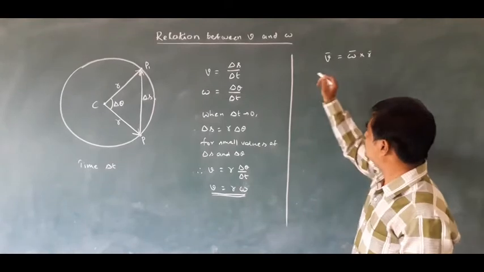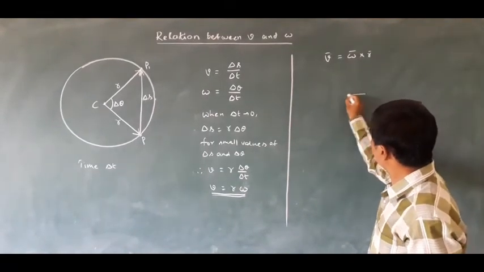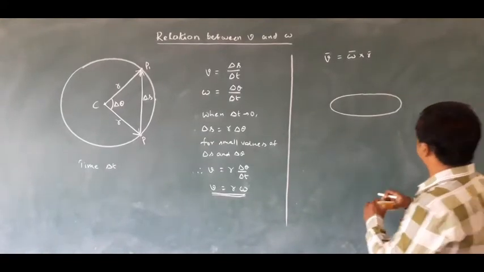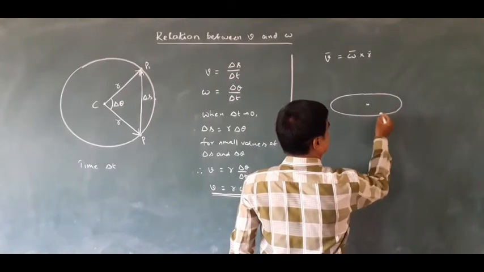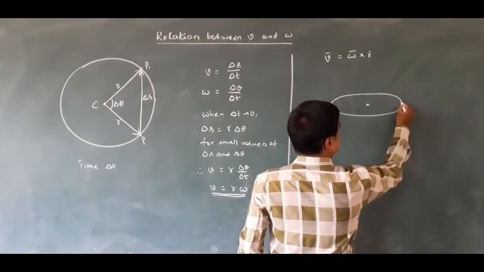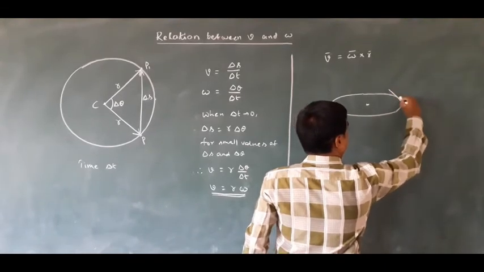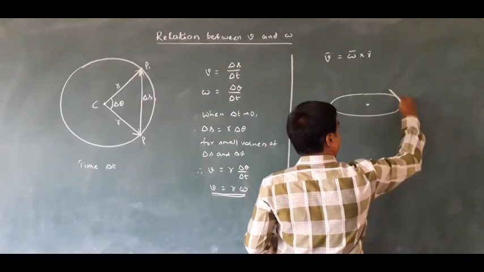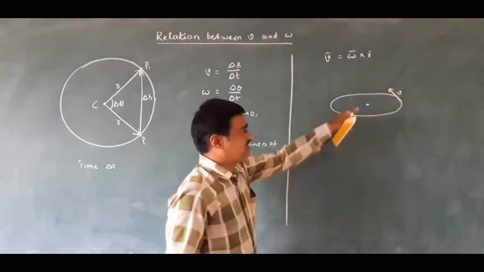To understand this, suppose you take uniform circular motion on a horizontal plane like this. If this is the center, and you consider this point, the velocity is present along the tangential direction.